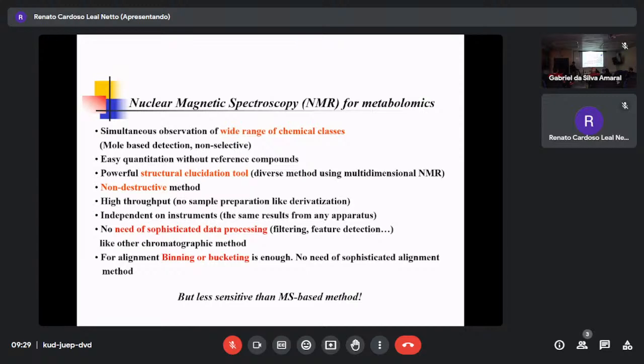And independent of instrument. This is very important. In MS cases, if you do a glycoside, glucoside, you are doing a natural sample. If you want to combine this one, it's rather difficult because sensitivity, all the conditions are different. Even if you measure today, and 2 years later, he wants to continue this project, but the technical variation is too high.